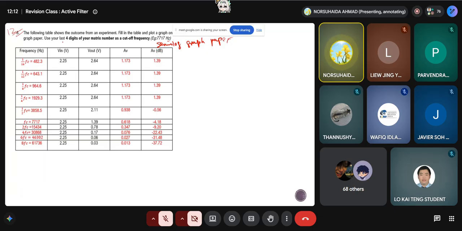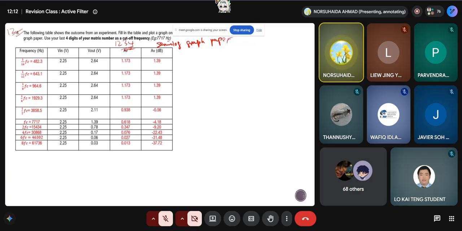For this case, use the last 4 digits of your matrix number as the cut-off frequency. So I'm giving you 7717. But if your last digits of your matrix number are 1, 2, 3, 4, then you use this frequency. Read the question properly. It might ask you to use your last matrix number.